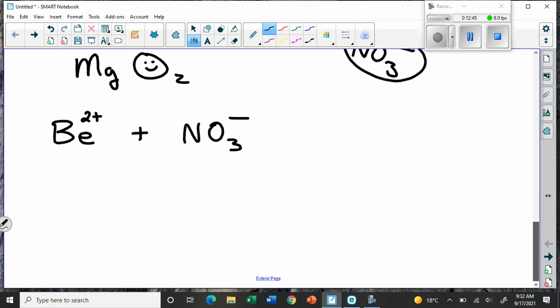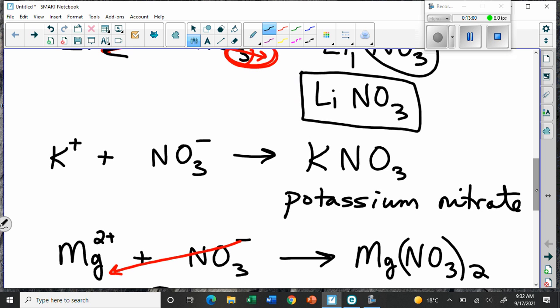Each would take 1. And so when you crisscross, you would write Be. The 1 comes down from the nitrate, but you put the nitrate in brackets, with a 2 there. You'll notice we didn't need the brackets last time.